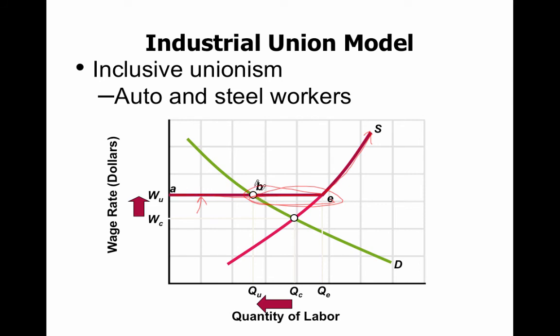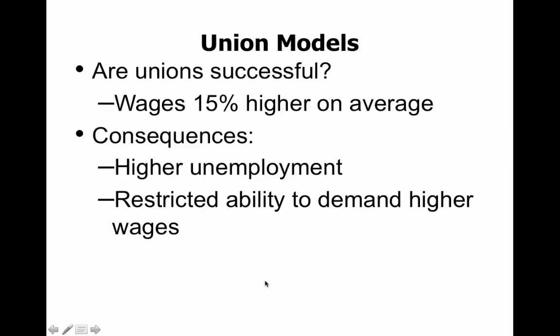So the good part is, once again, higher wages, but the bad part is fewer people employed. Okay? So both unions, the craft union and the industrial union, typically succeed in giving higher wages, but they typically then decrease, at least to some extent, they decrease employment.